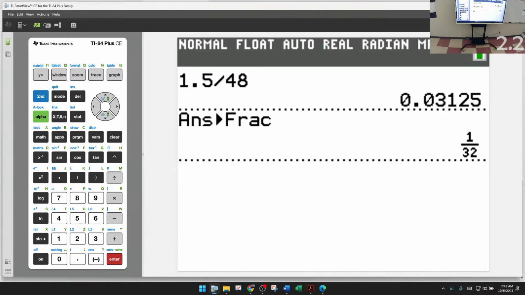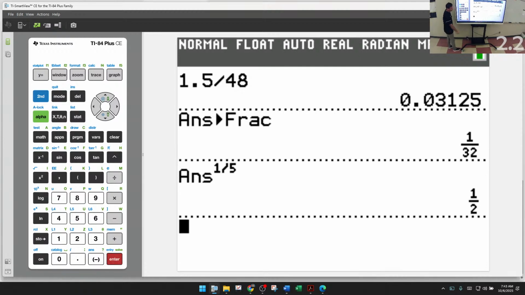So then I got to figure out how many terms were there between this one? 5 terms. So I got to find the 5th root of this one. All I do to do the 5th root is I raise it to the 1/5 power. That's easier than trying to find a 5th root for me. If you raise it to the 1/5 power, that's the same thing as a 5th root, which is 1 over 2. And so R is 1 over 2.